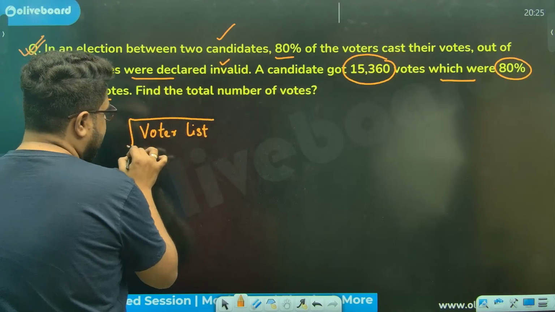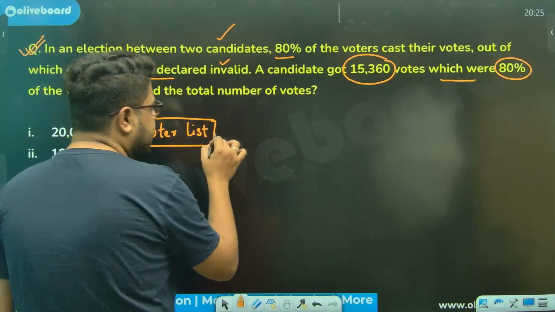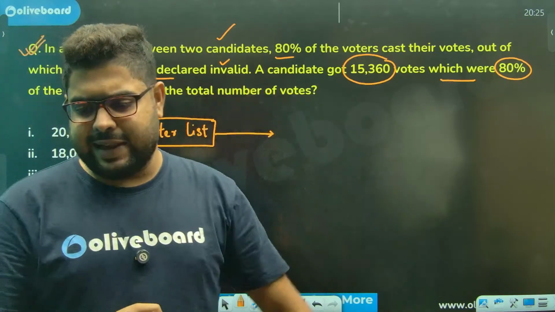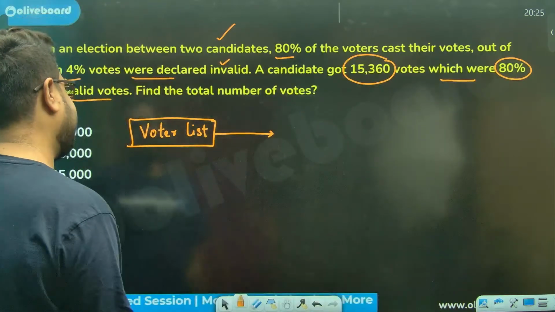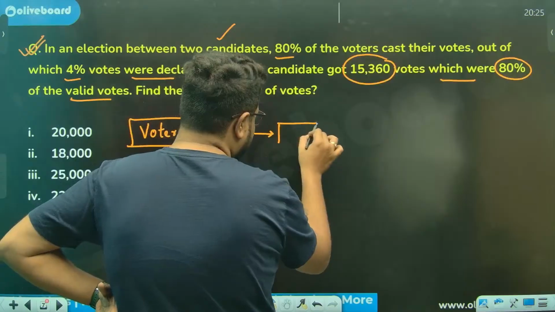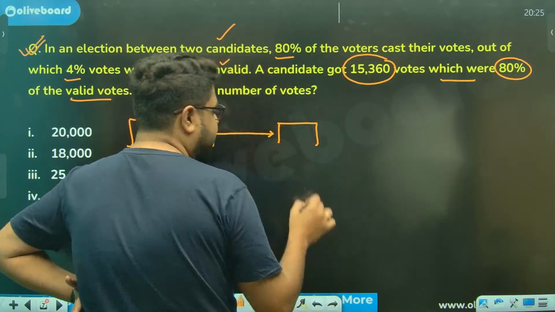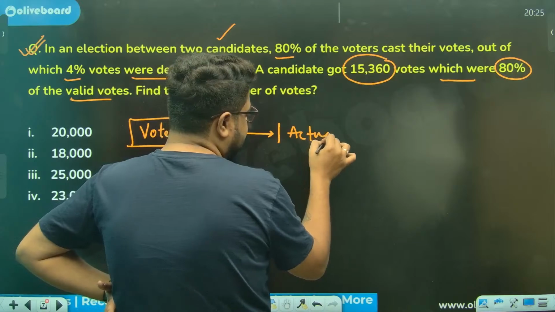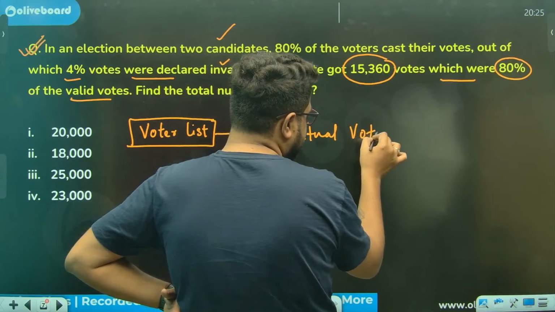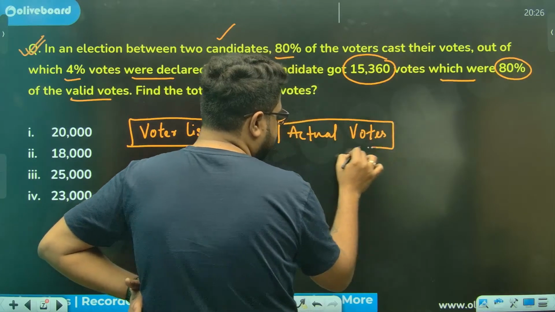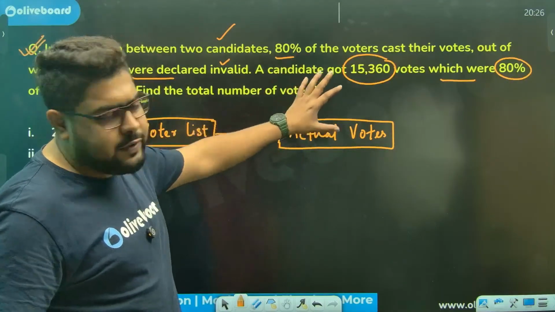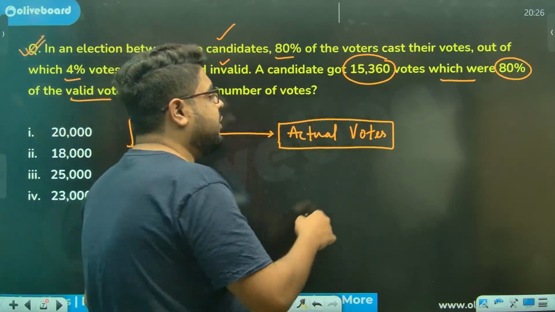Out of that voter list, not every person will vote. A few will vote and a few will say the vote doesn't matter, they won't vote. So there is a certain percentage which we call actual voters who will vote. Now, whoever will actually vote, not every vote is valid.